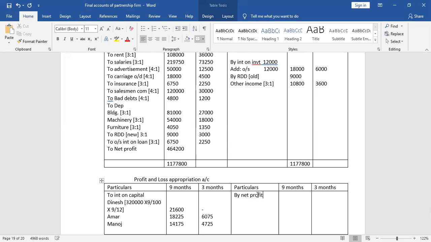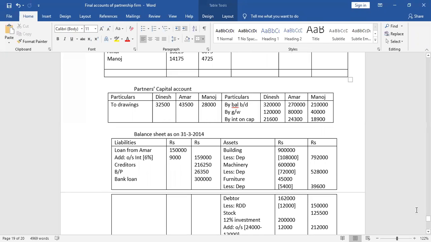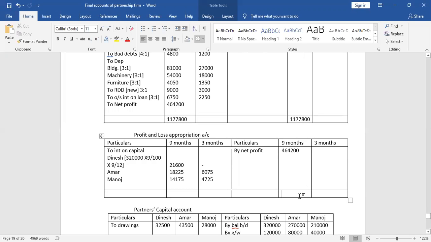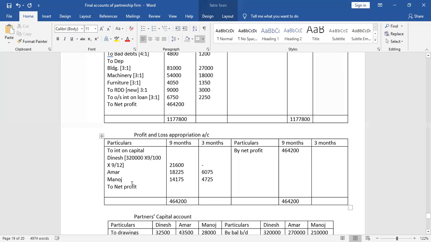By net profit, how much is it? 4,64,200. We will close this also. 4,64,200. And this amount we will take out to net profit, and only for the before retirement period of Dinesh.